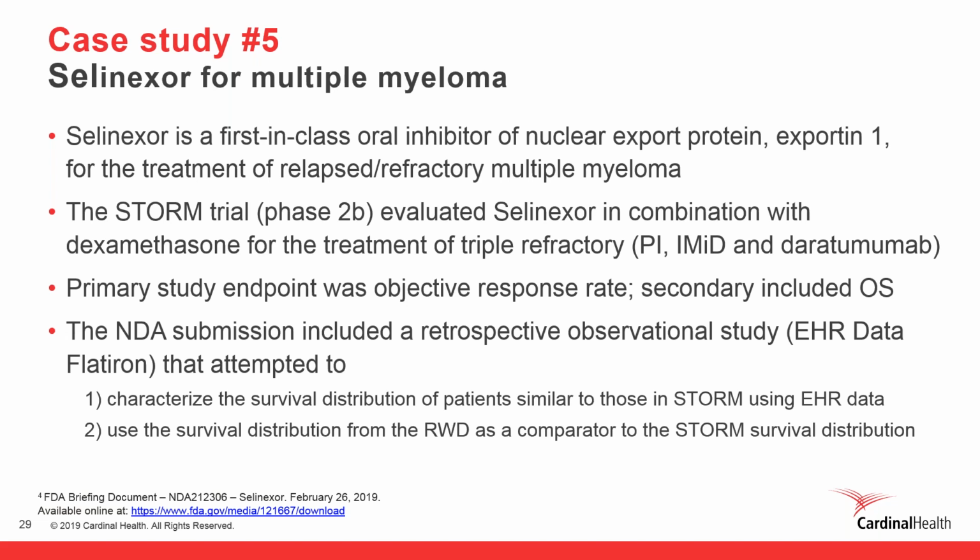In the submission to the FDA, the manufacturer included data from a retrospective observational study using EHR data from the Flatiron database. The hope was to characterize the survival distribution of those patients in that real-world cohort and compare that to the actual STORM trial when it comes to those types of data.